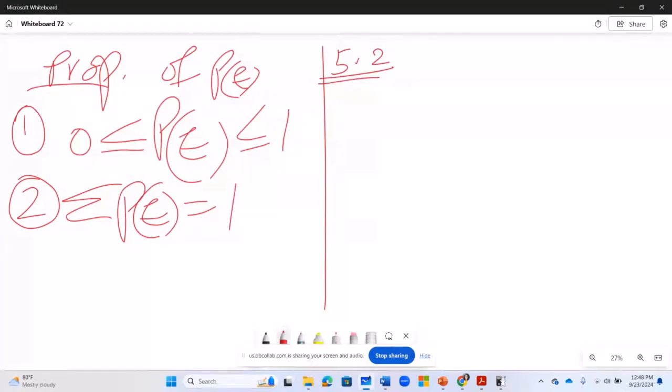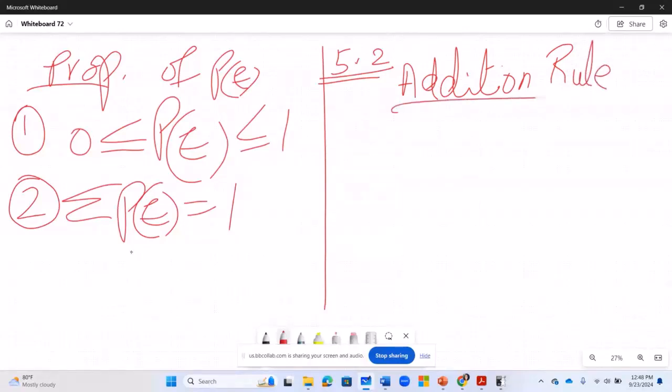The most important thing in 5.2 says that there are 2 kinds of addition rule. Rule number 1, addition rule number 1.